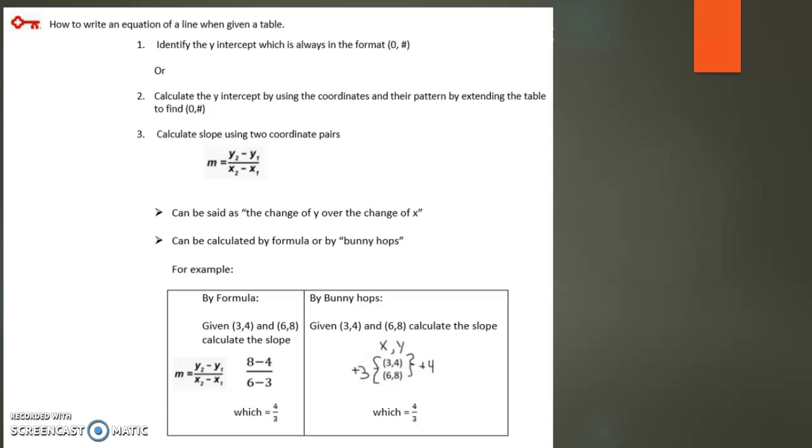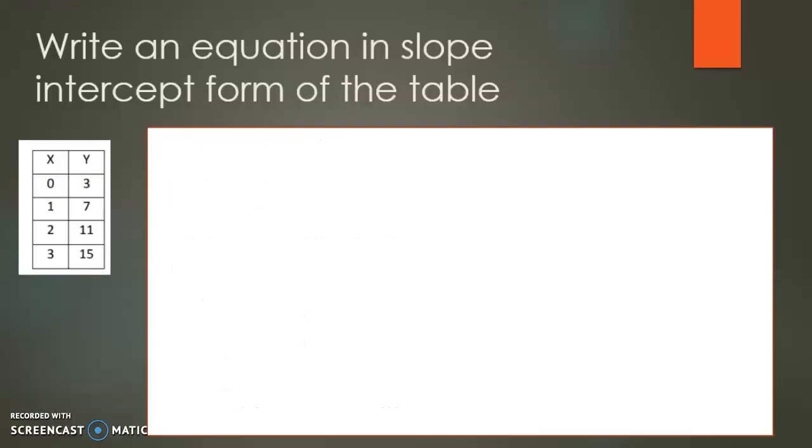You're also going to have to calculate the slope using 2 coordinate pairs. You can do that by using the slope formula y2 minus y1 over x2 minus x1, or you can do it by bunny hops. This slope is actually said to be the change of y over the change of x. So we're going to do a couple of examples.